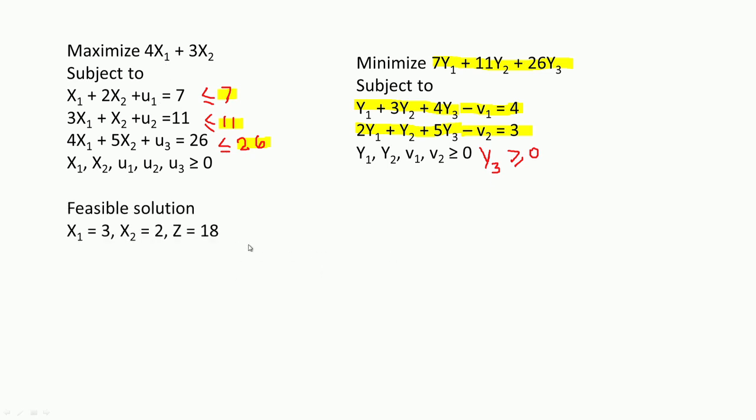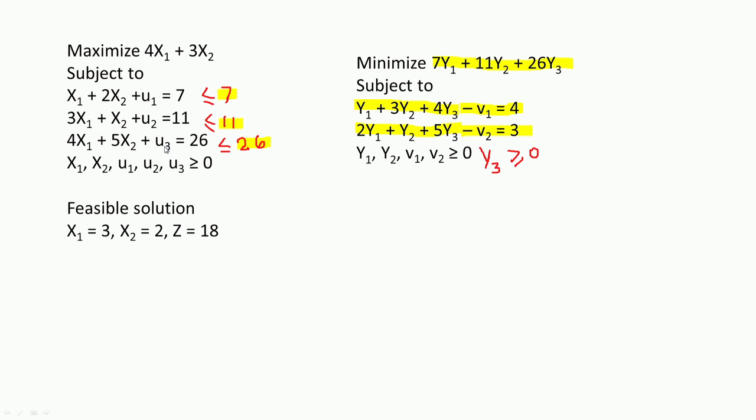Let us do a few things. First, let us look at the primal and observe that x1 equal to 3, x2 equal to 2 with objective function equal to 18 is feasible to the primal. Let us verify that. 3 plus 4 is equal to 7, feasible. 3 into 3 is 9 plus 2 equal to 11, feasible. 3 into 4 is 12 plus 2 into 5 is 10, 22, which is less than or equal to 26, also feasible.